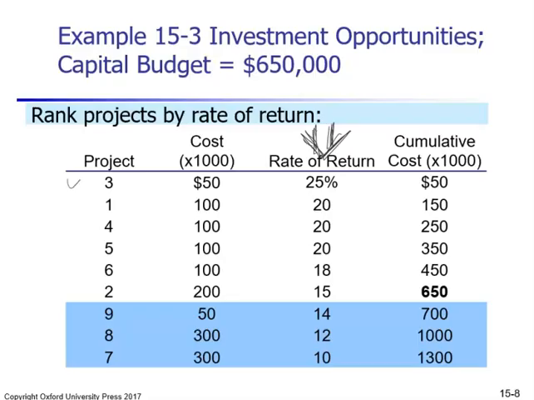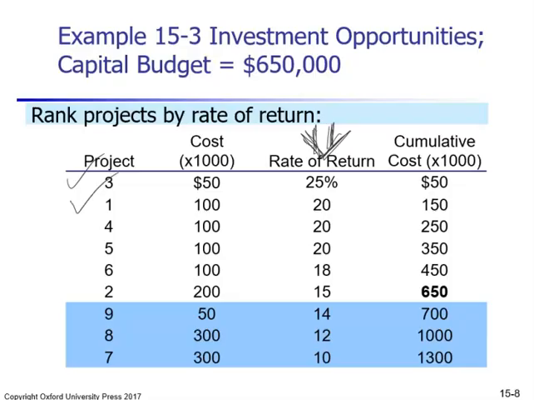So we go with project 3, and what is the cumulative cost? 50. After that, we go for project 1. Rate of return is 20. The total cost is 100. So the cumulative 150, we can afford it, so we go for that.